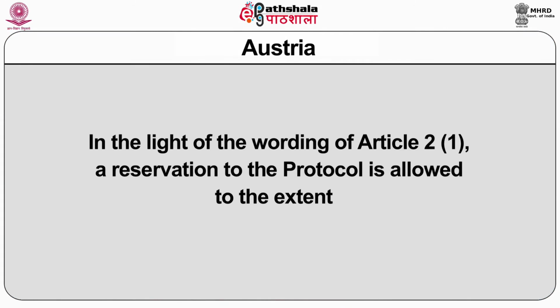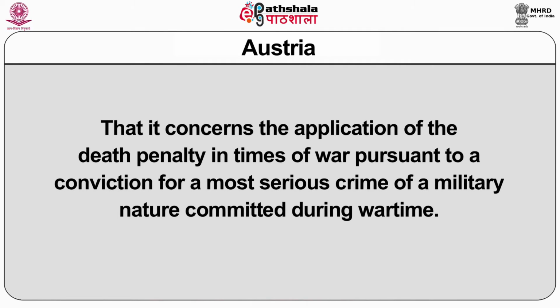In the light of the wording of Article 2, Clause 1, a reservation to the protocol is allowed to the extent that it concerns the application of the death penalty in times of war pursuant to a conviction for a most serious crime of a military nature committed during wartime.